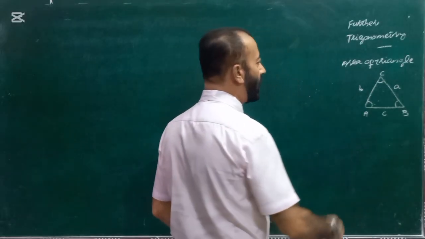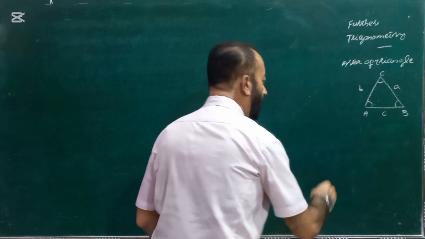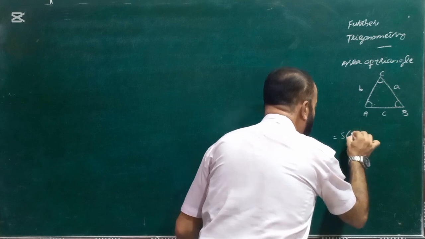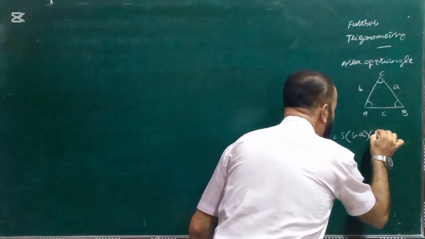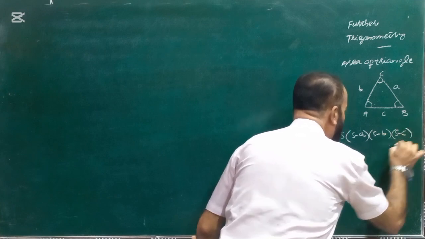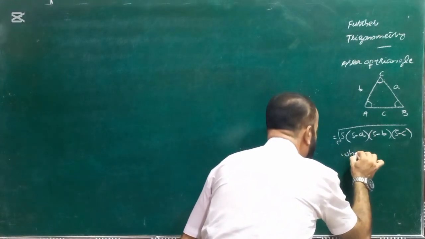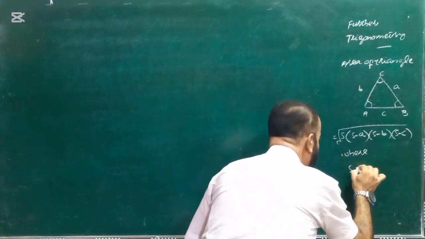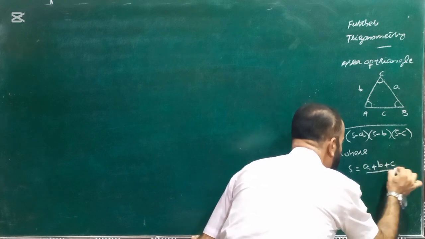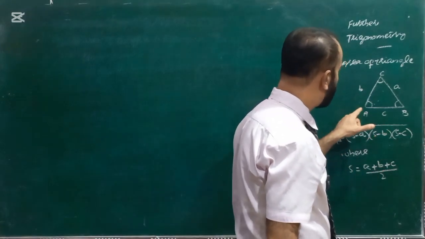Another concept for the area of the triangle. Suppose if 3 sides are given, then the formula for the area of the triangle is S into S minus A into S minus B into S minus C whole square root, where S is equal to A plus B plus C whole divided by 2, where small ABC are the sides.